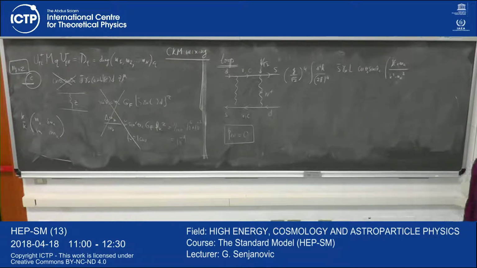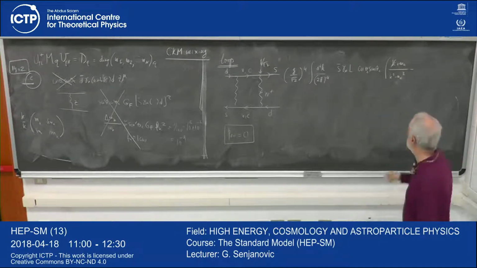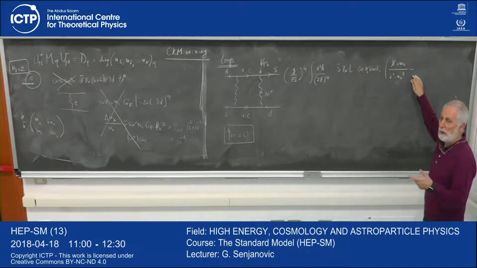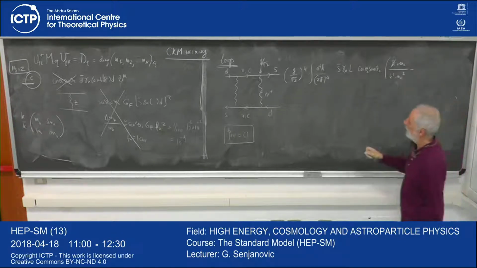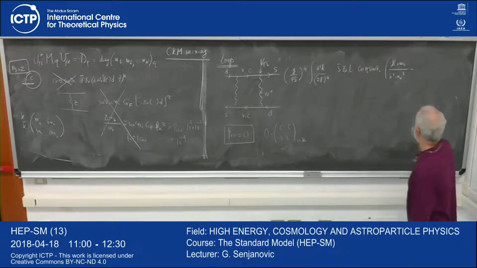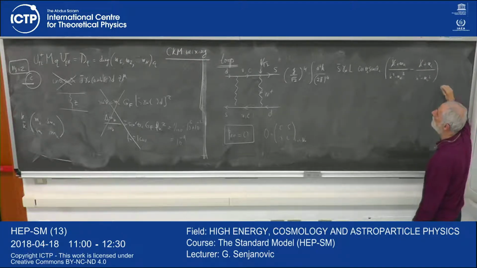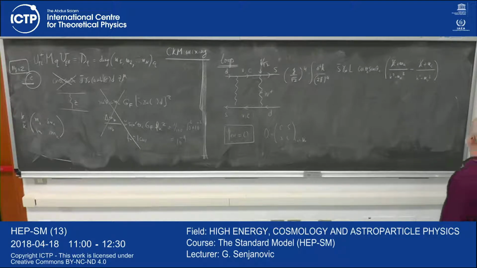Correct? But there is also charm quark, as Jorge says. So I better include it. Remember, it has a minus sign. The Cabibbo rotation, well, you know it in your dream, is c, s, minus s, c. Cabibbo. Then I have, that's all, and D.